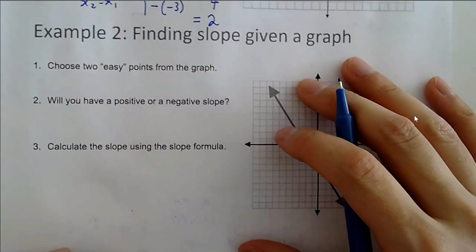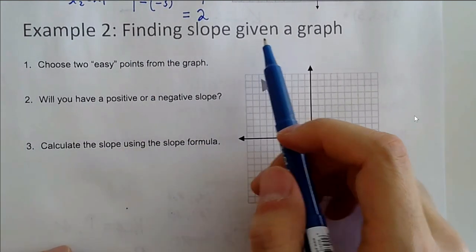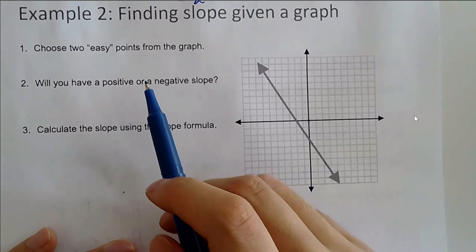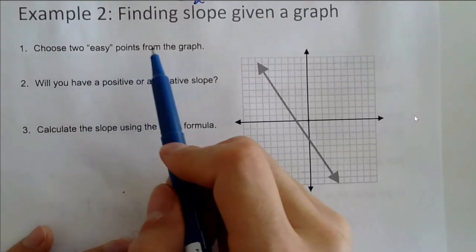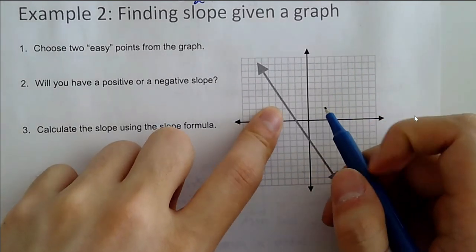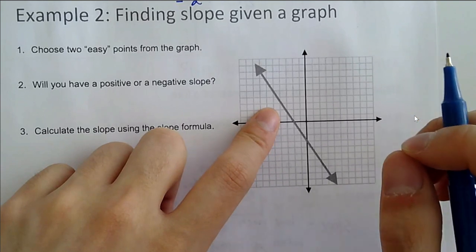Now, let's look at example 2. In example 2, we're finding the slope given a graph. The first step of finding the slope from the given graph is choosing two easy points from the graph. By easy points I mean points that will give me a whole number as the coordinate.